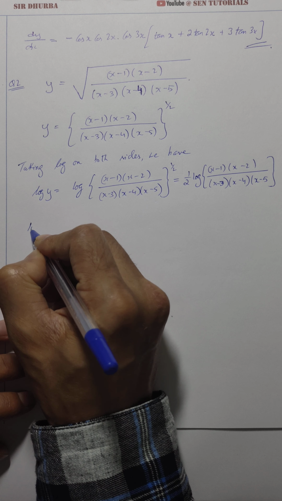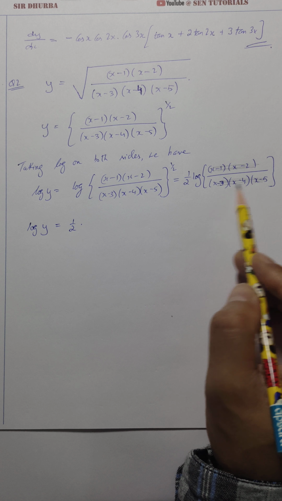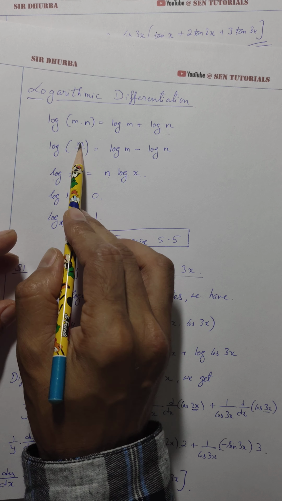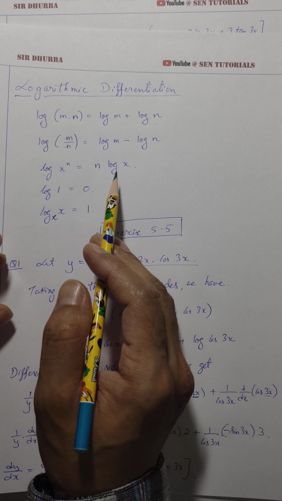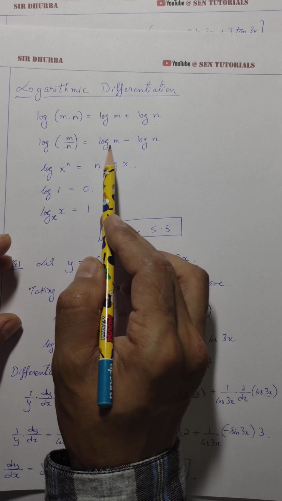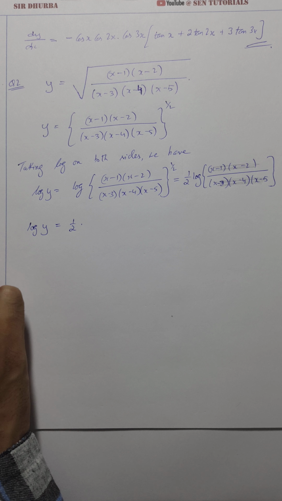Again, I'll not differentiate yet, not yet ready. First see to it that it's ready for differentiation. After that only you start the differentiation. Now this is in the form of log of m by n. I'm going to show you the steps later on, we can just start reducing some of the steps. Log m by n is log m minus log n, so I'm going to use that.